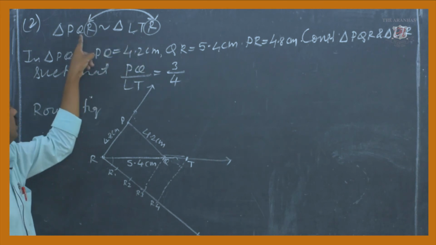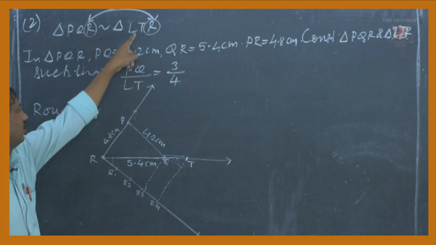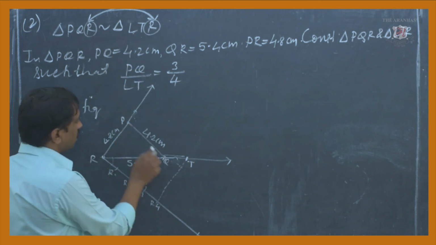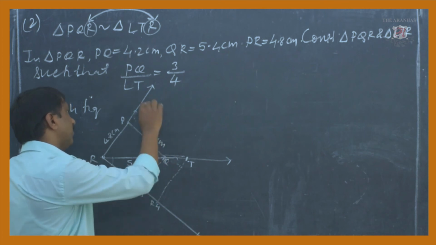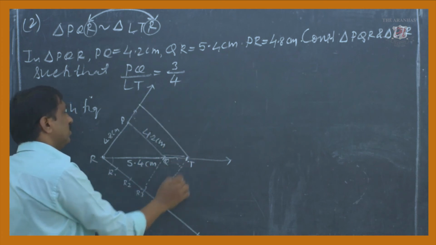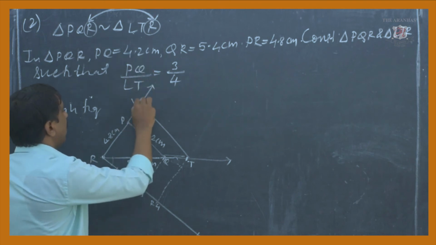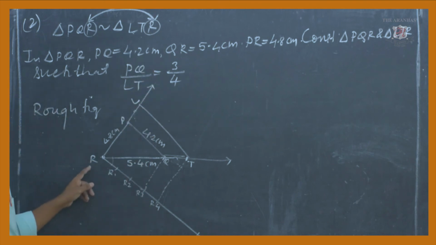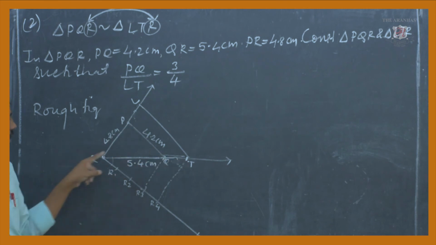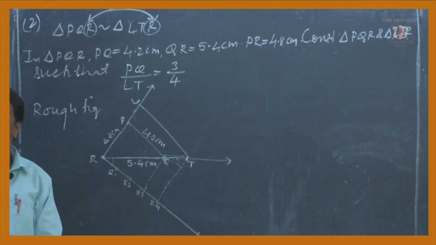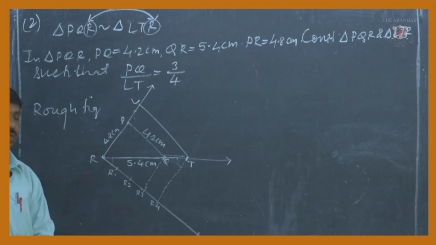R is the common vertex, Q is here, so T should be here, proper correspondence. Also draw the parallel line to the given line from T point. The last name is L. So this is your triangle LTR, and next is PQR. They are constructed according to the correspondence. So this is your rough figure.